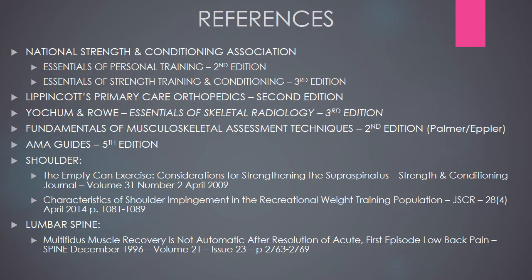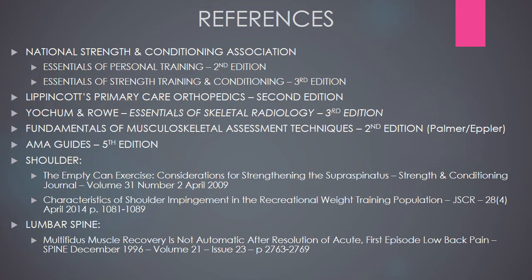References for today's program are many, and I draw your attention to a couple of textbooks from the National Strength and Conditioning Association. I'll be presenting information from the Essentials of Personal Training and also the Essentials of Strength Training and Conditioning. I'll also draw upon material out of Lippincott's Primary Care Orthopedics, 2nd edition. I'll refer to Yochum and Rowe, Essentials of Skeletal Radiology, specifically when we get into a discussion later on the rehabilitation of spondylolisthesis and spondylolysis.